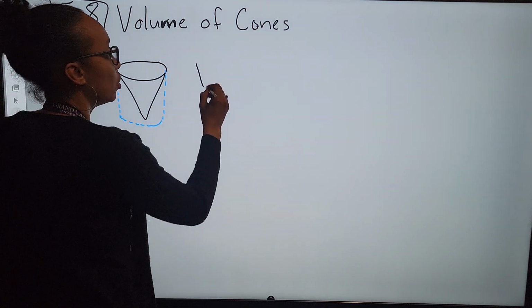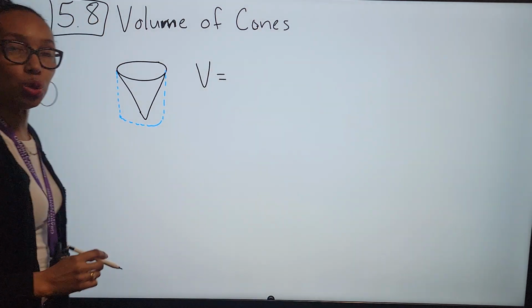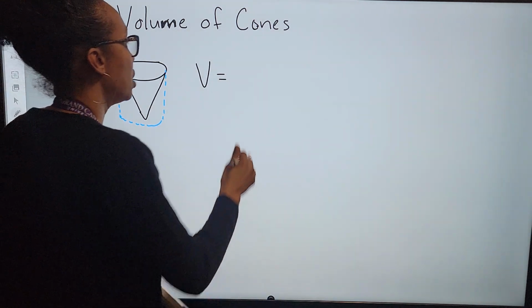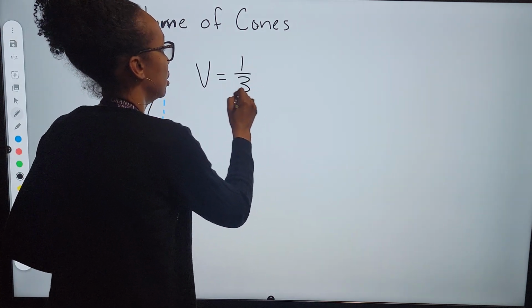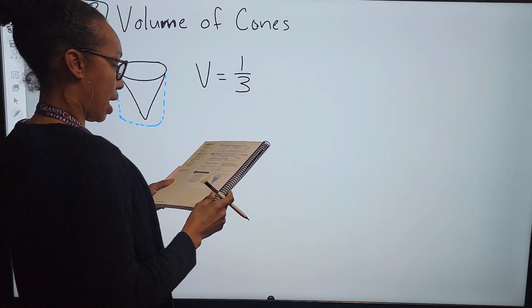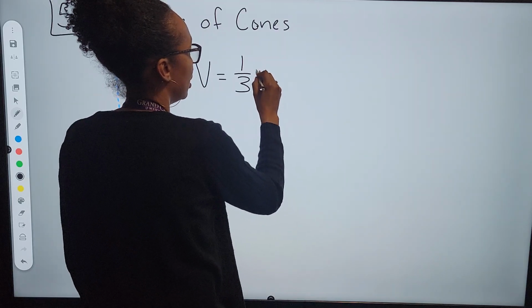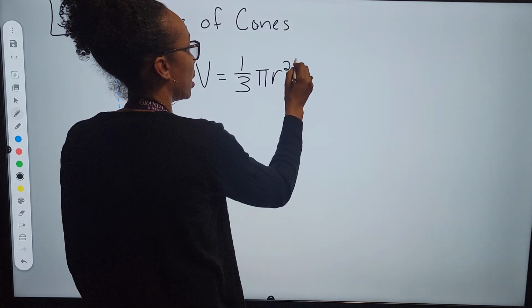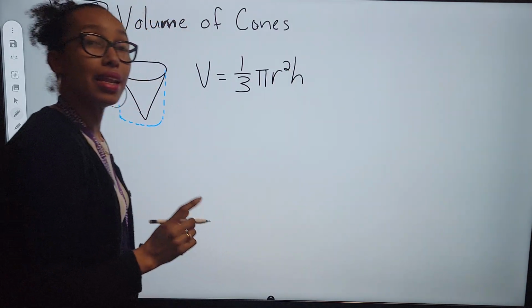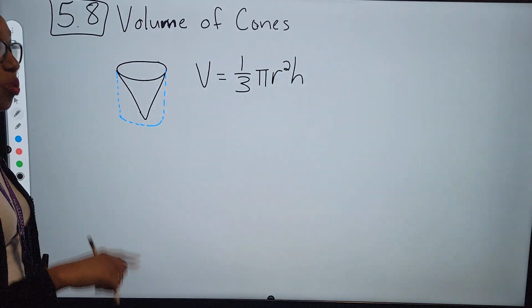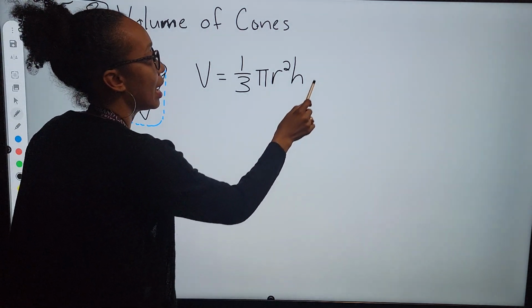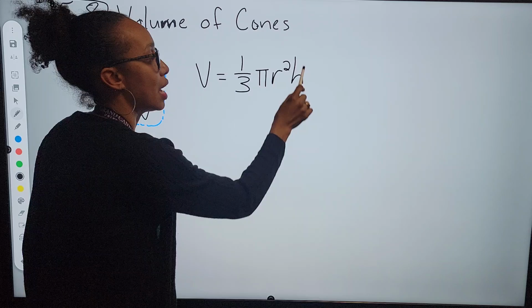To find the volume of a cone, we'll be doing 1/3 of pi times r squared times h. Now, in the cylinder formula, we just had pi times r squared times h.